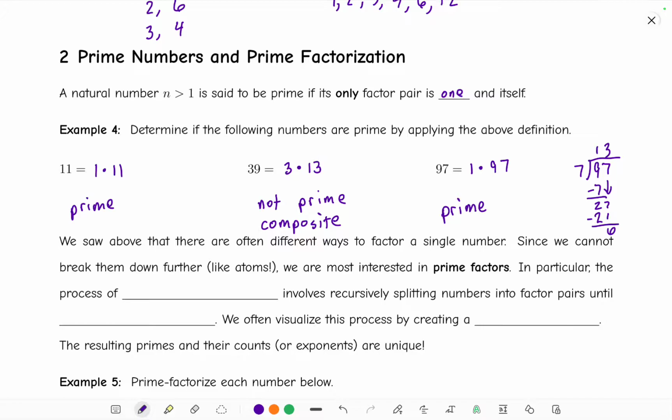We saw above that there are often different ways to factor a single number. Since we cannot break primes down further, like atoms, we are most interested in prime factors, in particular, the process of prime factorization. It involves recursively splitting numbers into factor pairs until you get a prime.